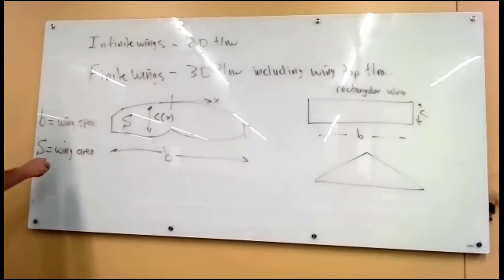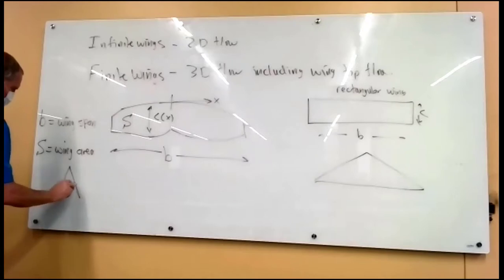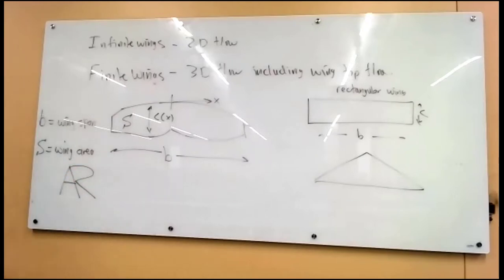All right, so the number that's important, that's a measure of how long and thin the wing is, this really cool symbol that I like to draw. It's a combination of an A and an R. Now in most books they can't typeset that, so they'll write it as AR. But have some fun practicing writing that letter.